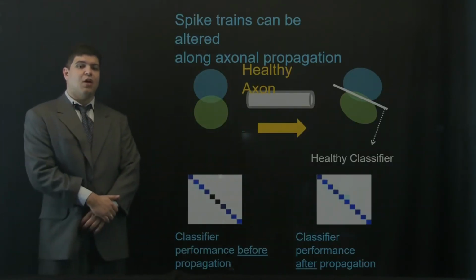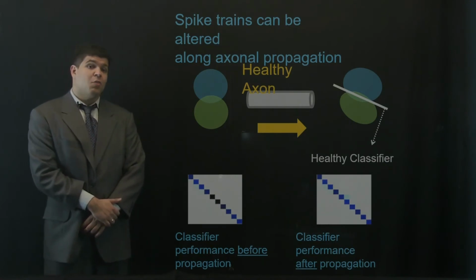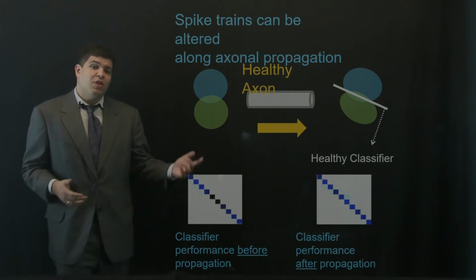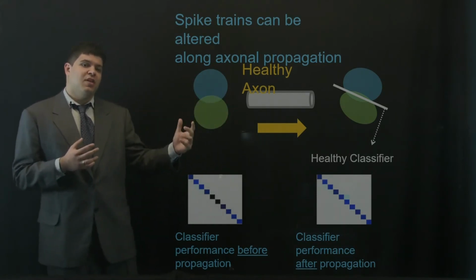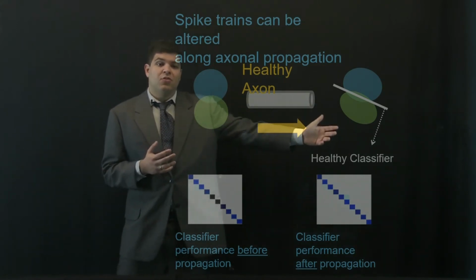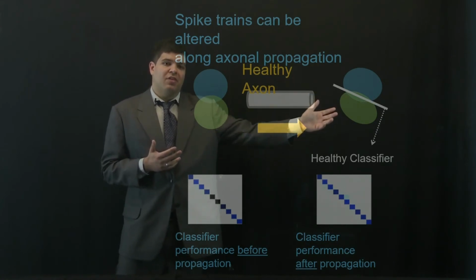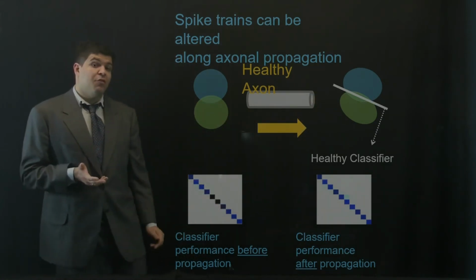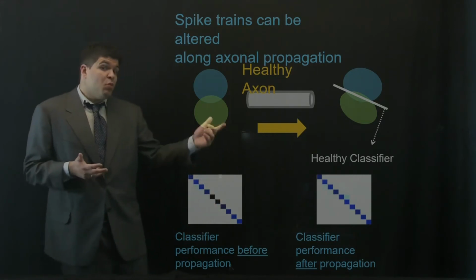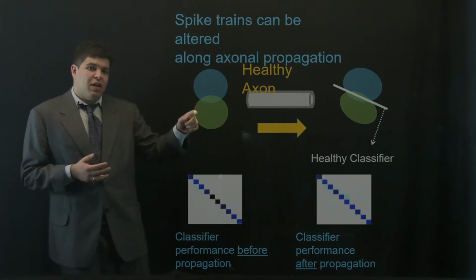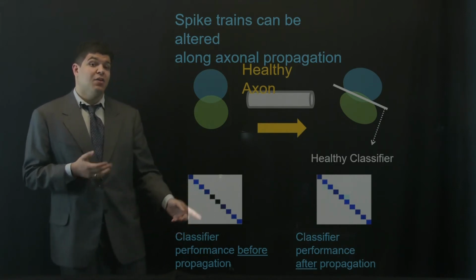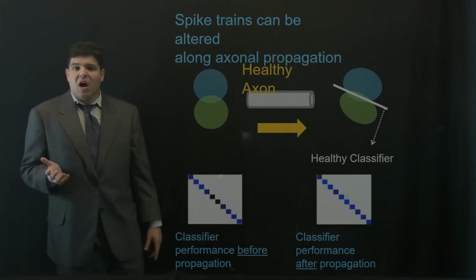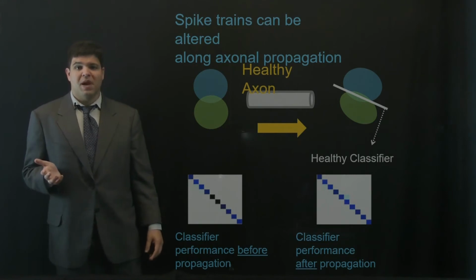Spike trains can be altered along axonal propagation. Here we have the two sets before propagation, and here we see the two sets after propagation. If this is a healthy axon, then what we expect is that we start with a matrix that looks somewhat diagonal, but propagating wouldn't cause too much harm to those spike trains.